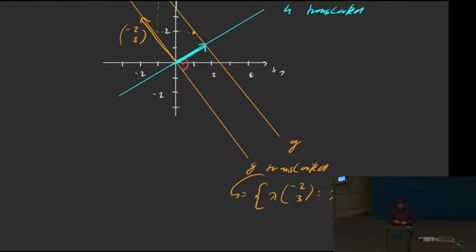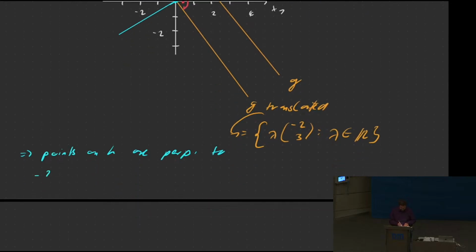Well, the condition that we have is all points in H are perpendicular to all points on G, so all points on that direction. And that means points on H are perpendicular to this minus 2,3 direction vector.